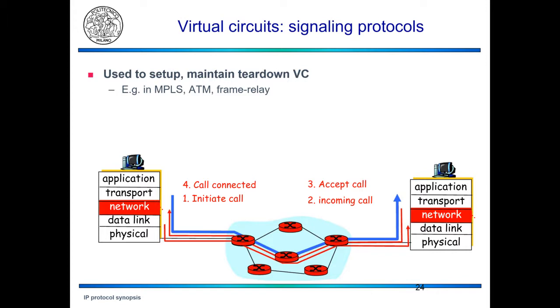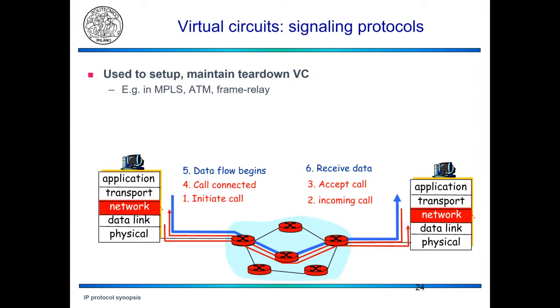So when the confirmation message gets back to the source, then the setup is confirmed, so the call is connected. And at this point, the network layer notifies the transport layer that there is the virtual circuit setup, and so data flow can start. It's the blue arrow that you see there, and data can be received at the destination.